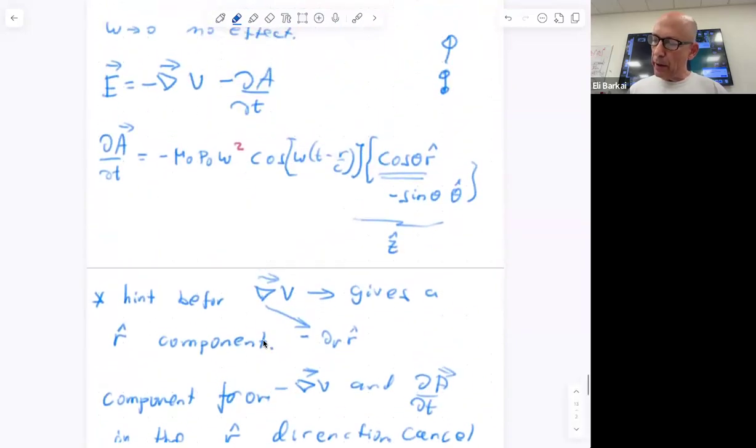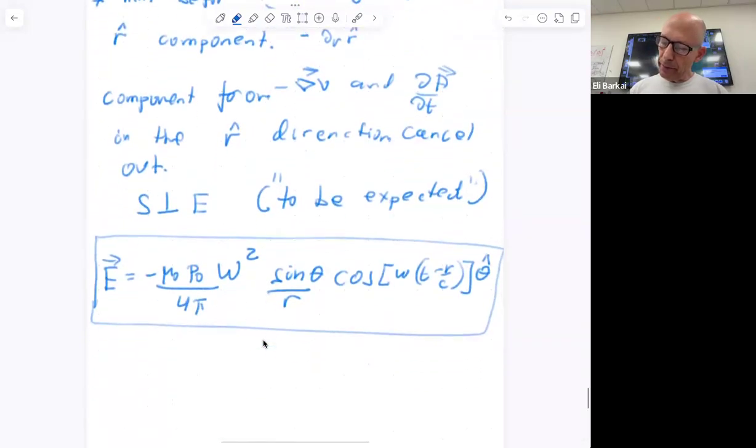Where did we get this sign here? See this sine? This sine gives you this sine dependence of theta, and it's super important because it tells you how the dipole has to be oriented in order for it to be transmitting effectively.